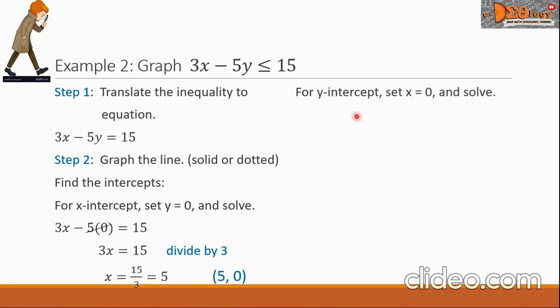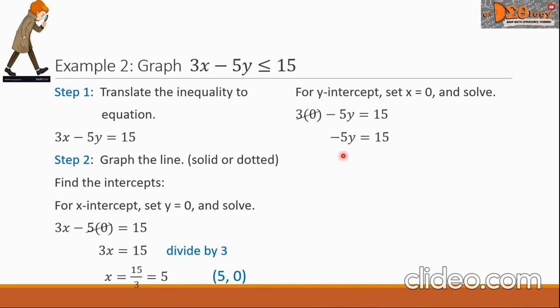Now for y-intercept, we set x equals 0 and solve. The equation now becomes 3 times 0 minus 5y equals 15. 3 times 0 is cancelled out as 0. So negative 5y equals 15. Let us solve for y.